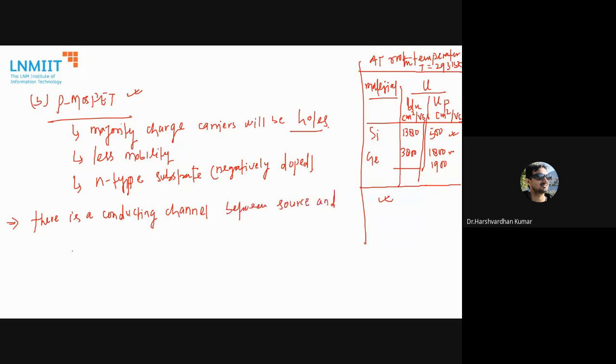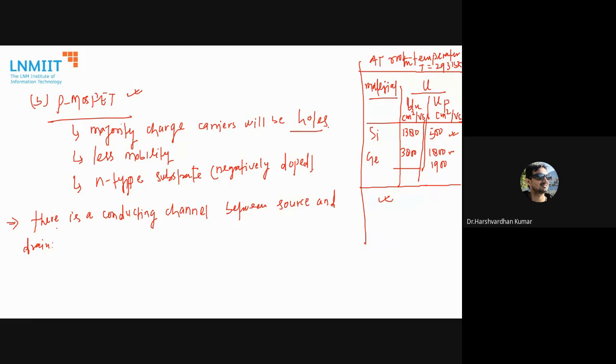The width of this conducting channel, whether inversion, accumulation or depletion, will depend on the gate voltage.